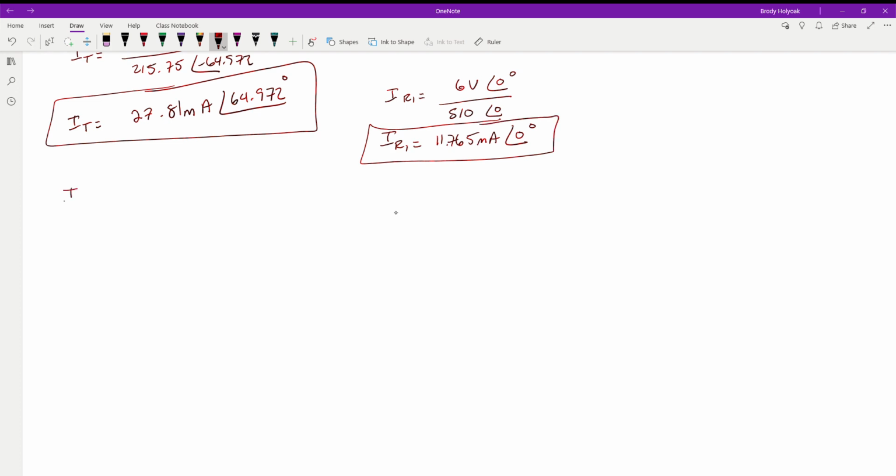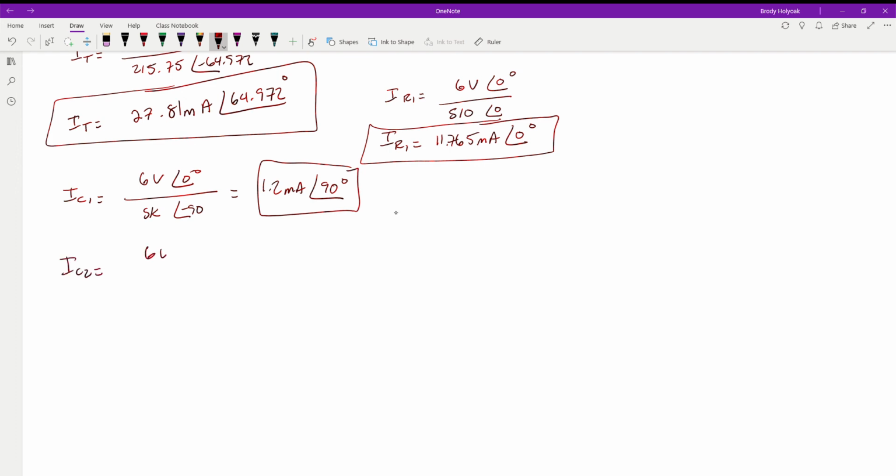IC1 is equal to the same voltage divided by its reactance, which is 5K at negative 90, and that comes out to be 1.2 milliamps at 90 degrees. And IC2, same thing, 6 volts at 0 divided by its reactance, which is 250 at negative 90, and that comes out to be 24 milliamps at a positive 90 degrees. So that gives us everything.